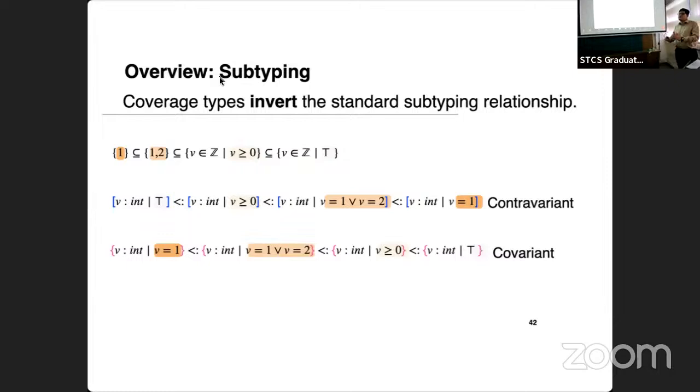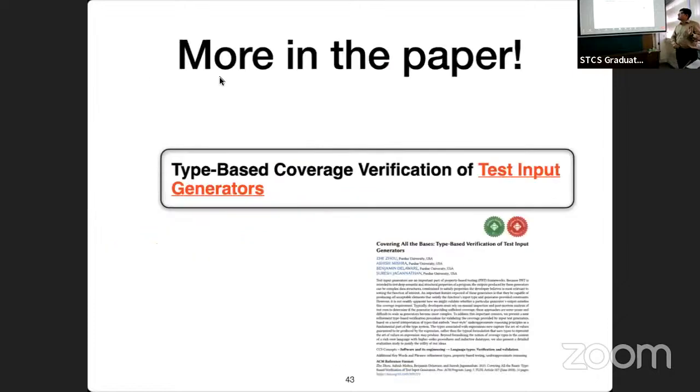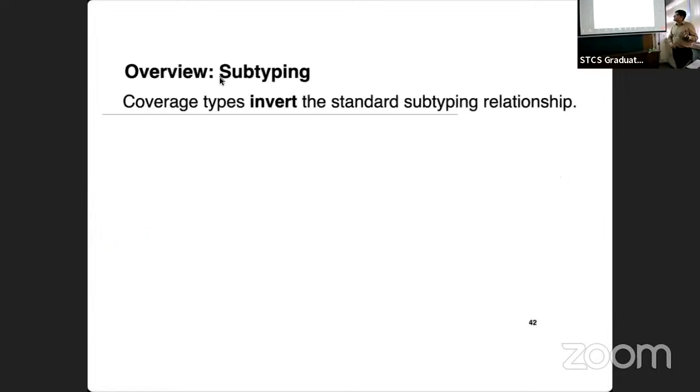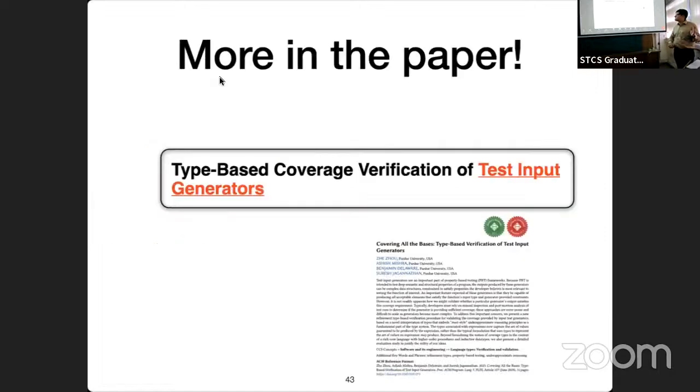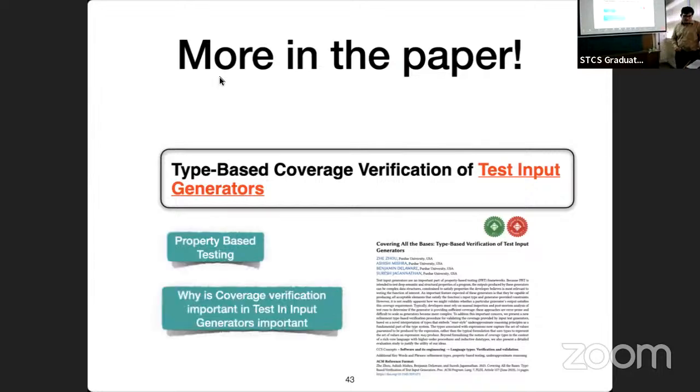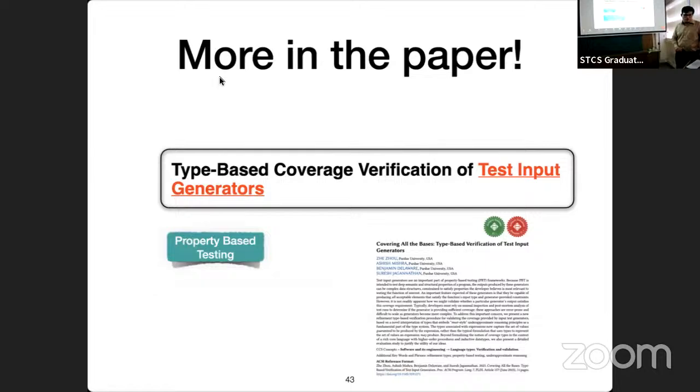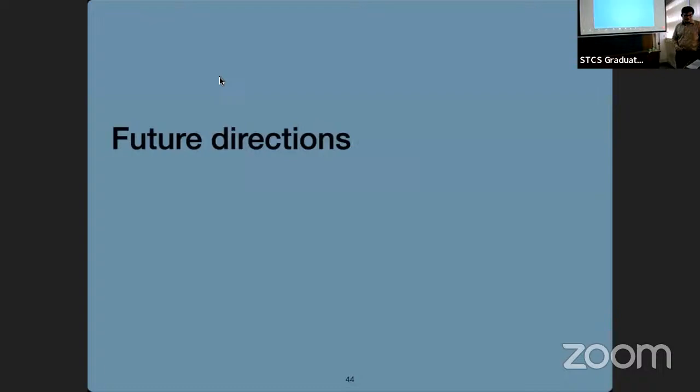Basically, in the coverage type, you're asking that every value where this particular condition is true is produced by the term. In the refinement type, you're asking that every value produced satisfies the given constraint. Again, I encourage you to read this paper as well, where we apply these ideas to coverage verification of property-based testing and test input generators.